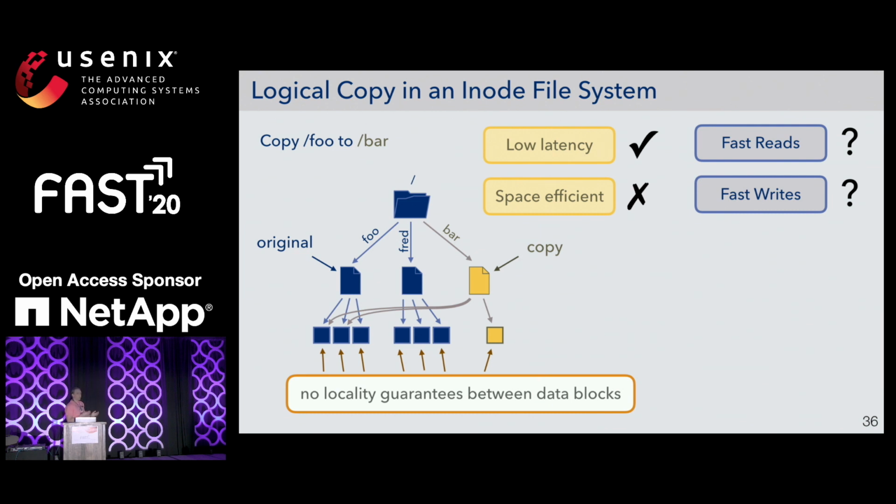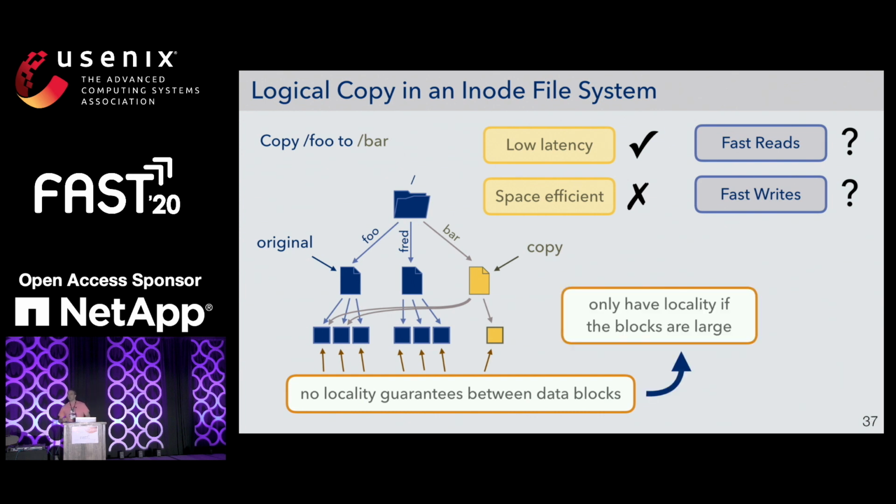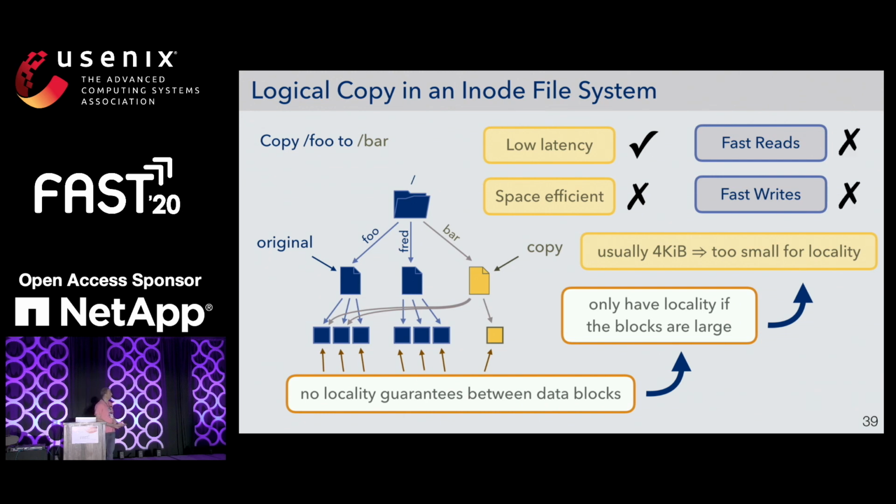And that may work reasonably well on the originals, but as we start making a bunch of copies with small changes, it's going to be very difficult to keep the changed data blocks of these copies co-located with the original data. And so in general, we really only have locality guarantees if the data blocks are large. Now, again, these are usually 4 kilobytes, and on most storage devices, this is going to be too small for locality. So in general, we're not going to have locality, and so we can't guarantee fast reads and fast writes.